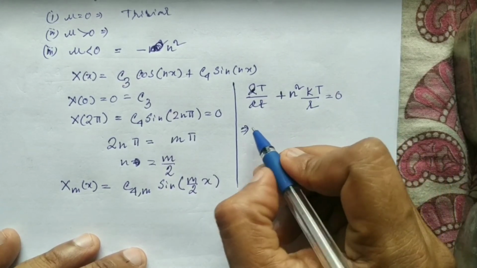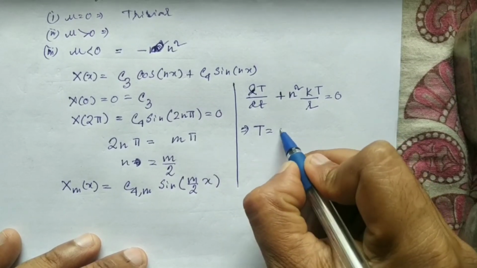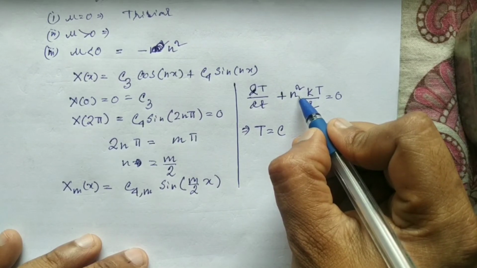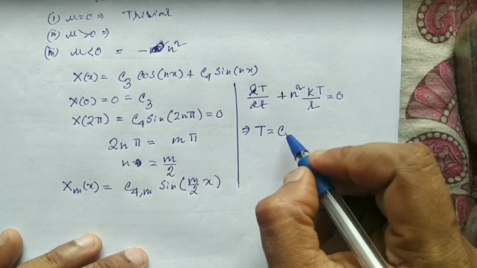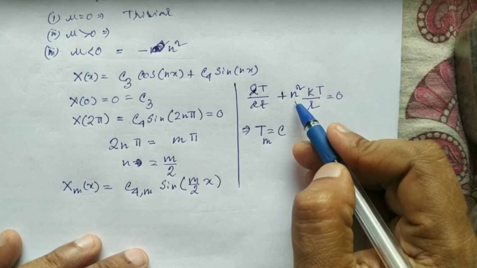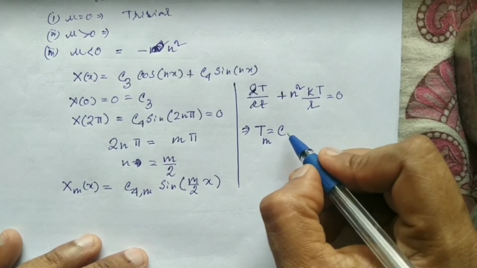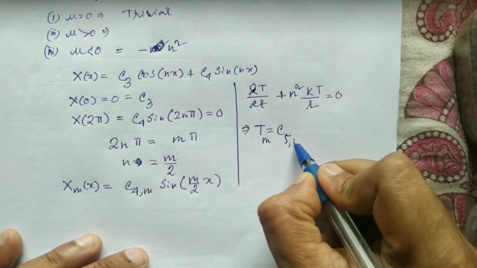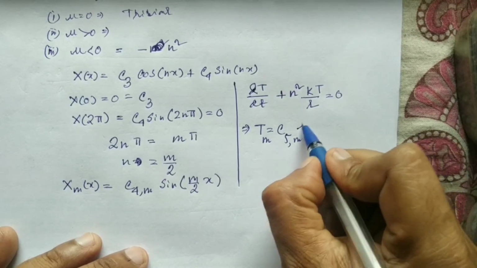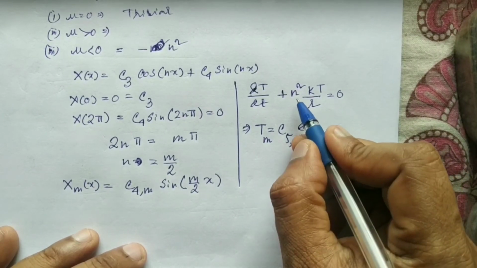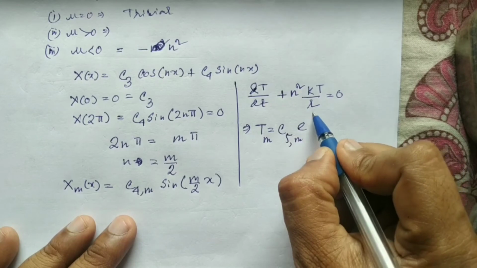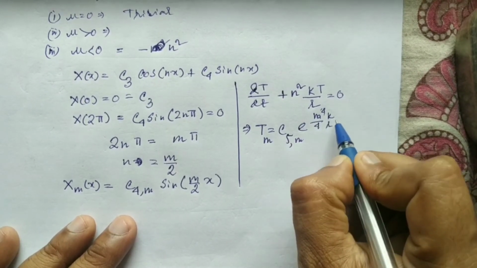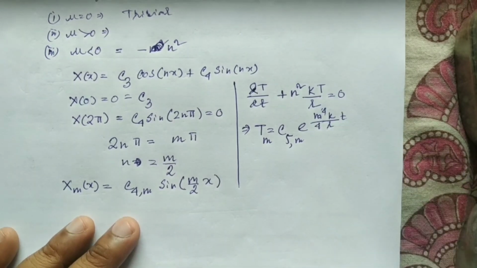So this can be written as T_m, converting n square to m square by 4, is equal to c5m multiplied with exponential of minus m square by 4 k by l t.